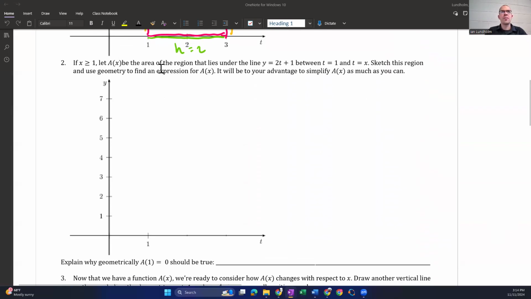A of x is going to be the area of the region that lies under the line and between t equals 1 and t equals x. So let's sketch this region. It's going to look very similar to what we did up above, except this time the right-hand endpoint is going to be some value x that we're allowed to slide. We're allowed to make it any number, just so long as that number is greater than or equal to 1.